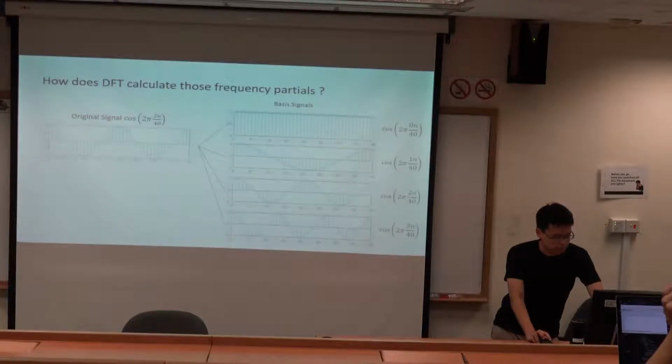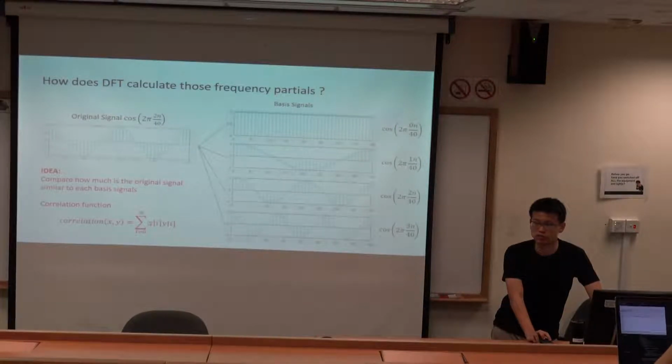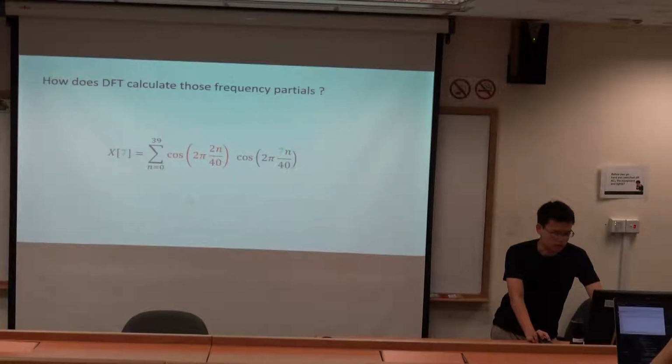And then I compare the original signal to all the 40 bases. How do we compare? We use a correlation function, which looks very similar to the inner product of 2 vectors.